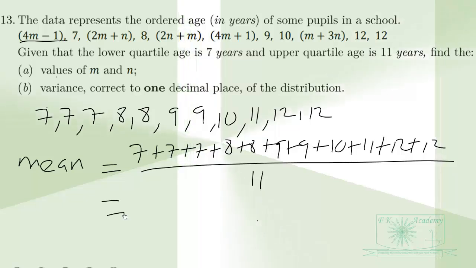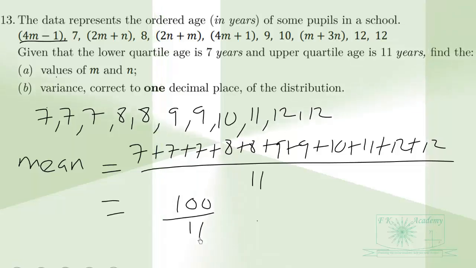And this will give us 100 over 11. So that is the mean age. You can simplify it further. You get 9 whole number, because 9 times 11 is 99. 9 whole number 1 over 11.